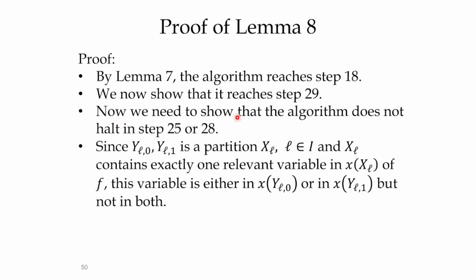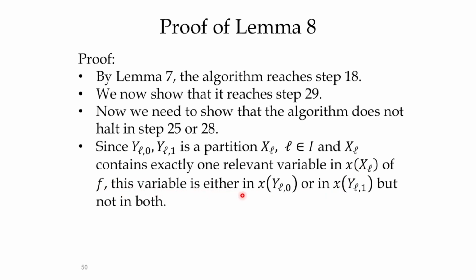So now we need to show that the algorithm does not halt in step 25 or 28, since capital Y L0 and capital Y L1 is a partition of capital XL, where L is in capital I, and capital XL contains exactly one relevant variable in X of capital XL of f.